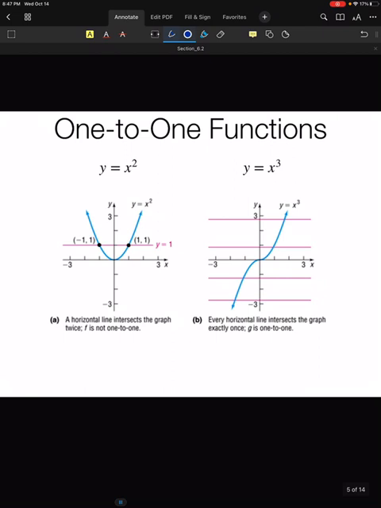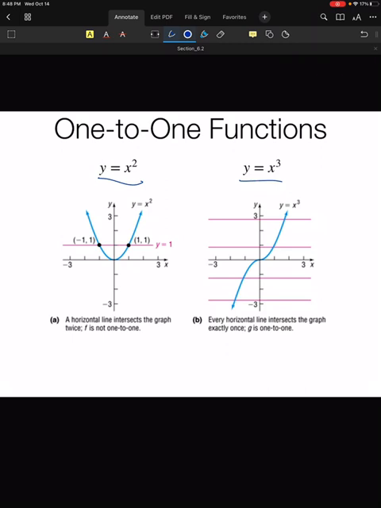So here are 2 more quick examples, x squared and then x cubed, 2 common types of functions that we see. In the x squared case, clearly, if you draw a horizontal line at any point except for 0, you're going to hit the function 2 times.